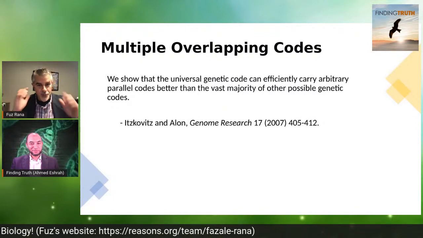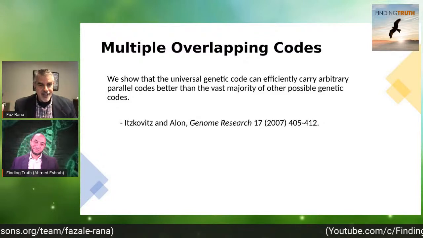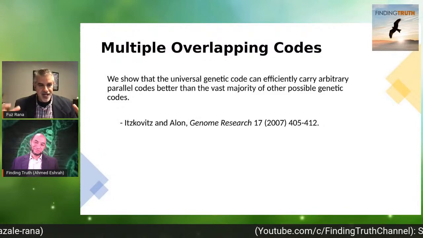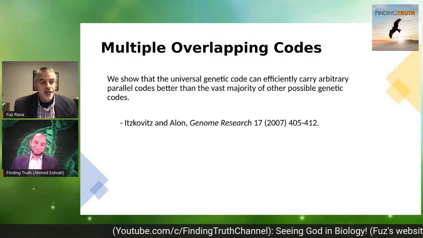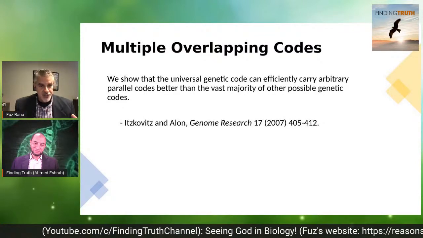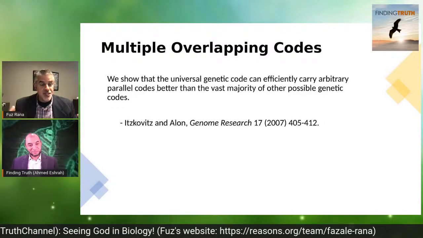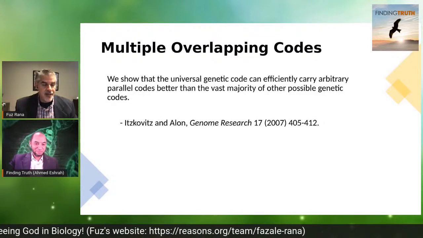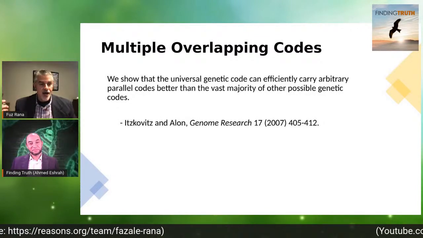Wow. And so what you're looking at is not only a code that is designed identically to the way we would design something like the ASCII code, where there is redundancy in the code, the type of redundancy we would incorporate into information systems, but that redundancy is exquisitely optimized.